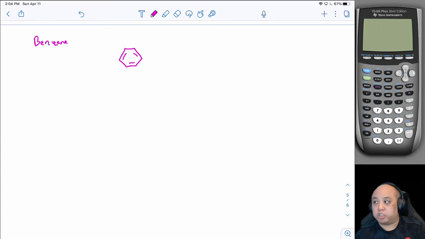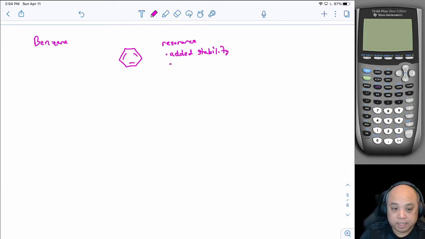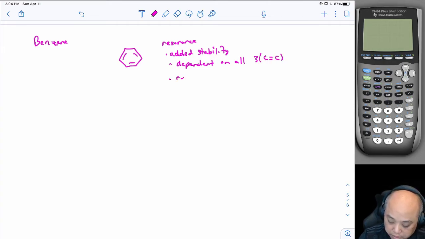In that resonance structure of benzene, it has resonance, which means it provides added stability, and because of that, it's dependent on all 3 C to C double bonds. It reacts differently than normal alkenes.